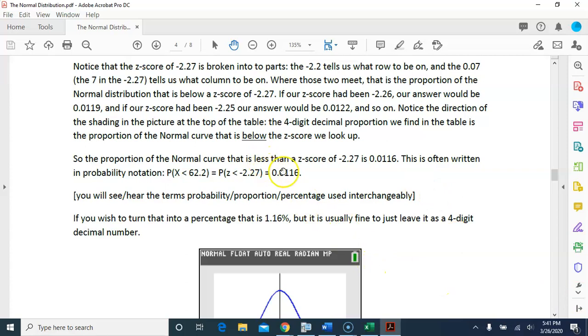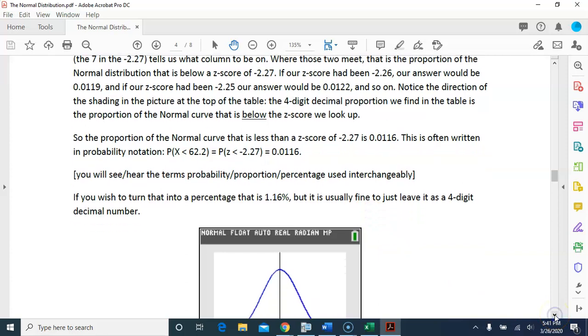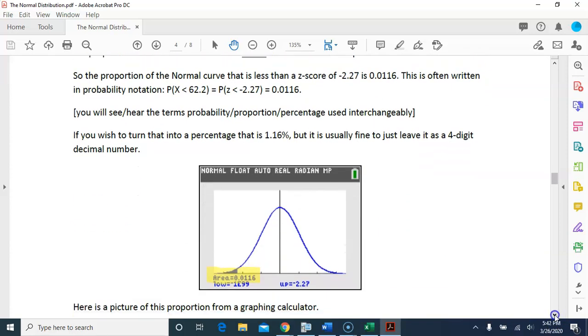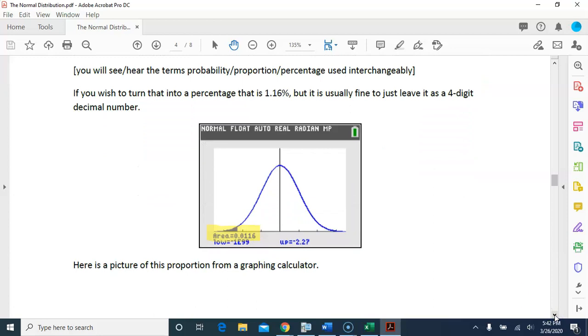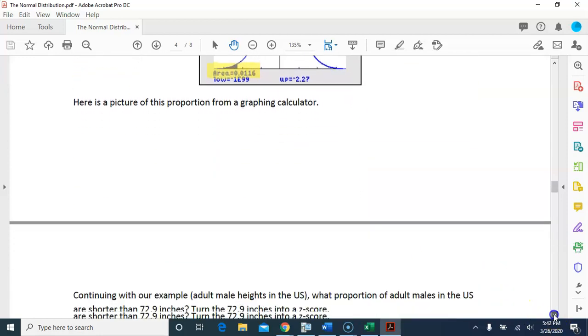If you want to write this as 1.16%, that's fine, but usually it's okay to just leave it in the decimal form that you get off of the table. Here is an illustration of that 1.16% on the calculator. Here's the normal curve, and here's a little tail area that comes out to be 0.0116.